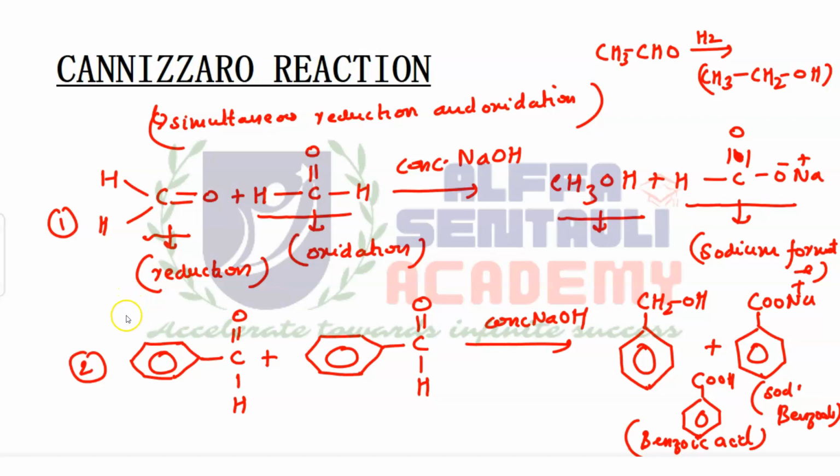So the bigger molecule, benzaldehyde, will undergo reduction and you will get an alcohol, and the other compound will undergo oxidation, so you will get sodium formate. Understood? If you combine this, you will get cross Cannizzaro.